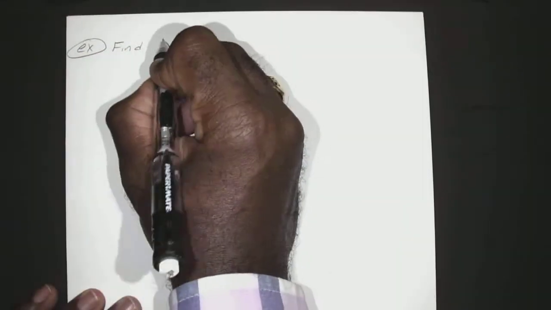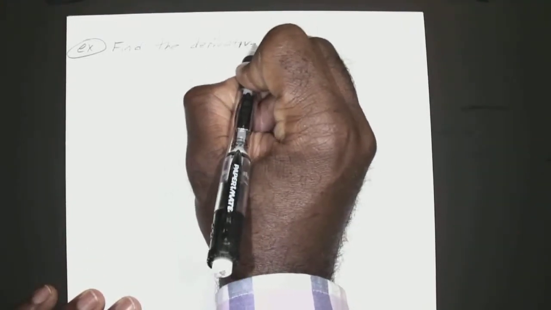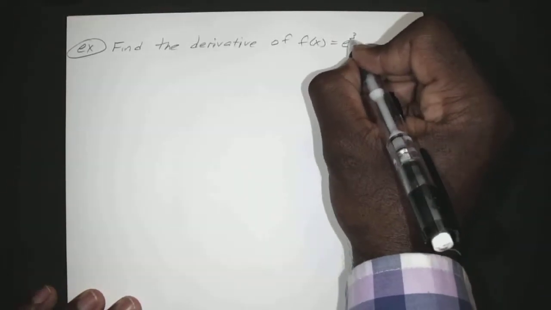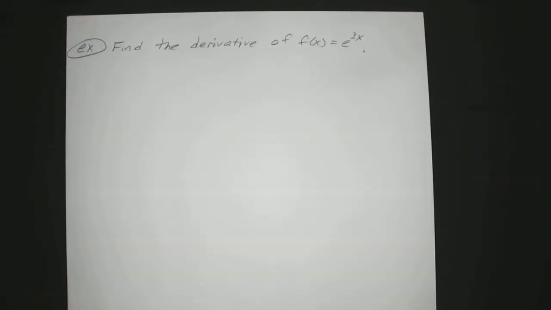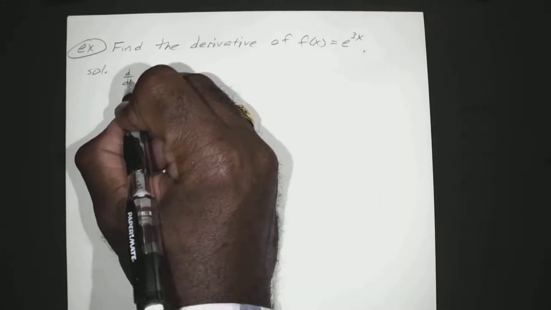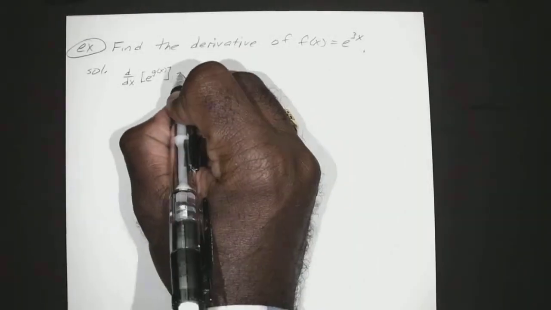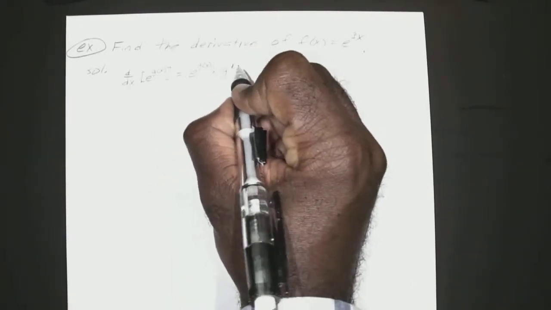Okay, so let's say, for example, I want to find the derivative of f of x equals e to the 3x. Okay, so this one we're going to use the derivative of e to the g of x, which is equal to e to the g of x times g prime of x.